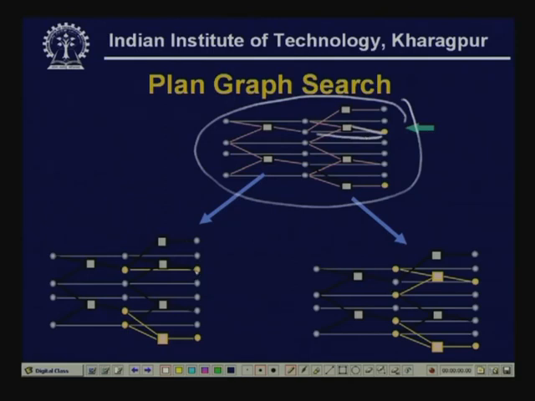In this planning graph, we have chosen this maintenance action to satisfy this goal, and in both the planning graphs, we choose this action. In this planning graph, we choose this action to satisfy. So, in this side of the search tree, we have taken these two actions, here we have taken only this action.